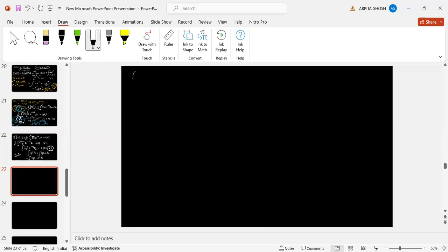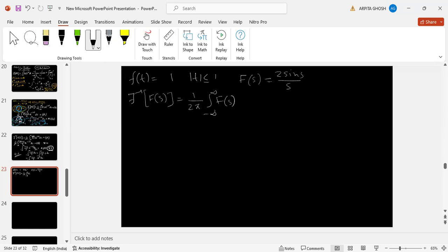The original function was f(t) equal to 1 for mod t less than or equal to 1, and 0 otherwise. And its Fourier transform, we have got, is 2 sin s by s. Now, if we take the inversion formula, the Fourier inversion of capital F(s) is given by 1 by 2 pi, integral from minus infinity to plus infinity of F(s) into e to the power minus ist ds, and that is equal to f(t).